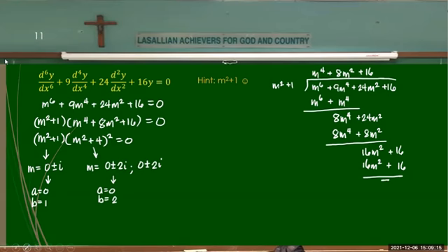So let's start with the first one. My y is c1 e to the 0x cosine of bx, instead of b, sorry, so y is equal to c1 e to the 0x cosine x plus c2 e to the 0x sine x.